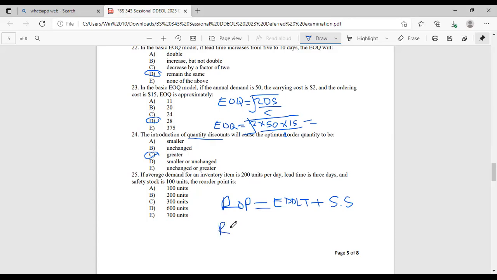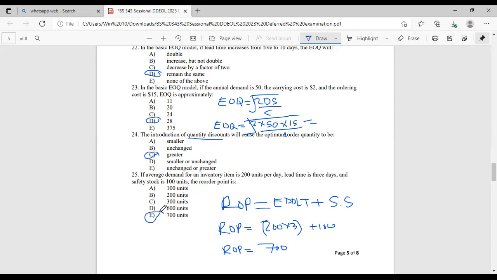So expected demand during lead time is daily demand, which is 200, multiplied by lead time of 3 in this case, then plus a safety stock of 100. So our order point in this case will be 700 units. So this is our order point.